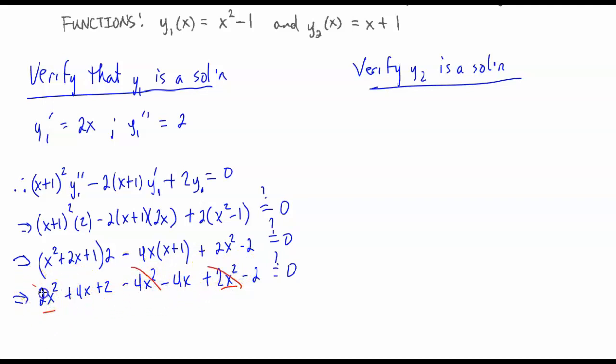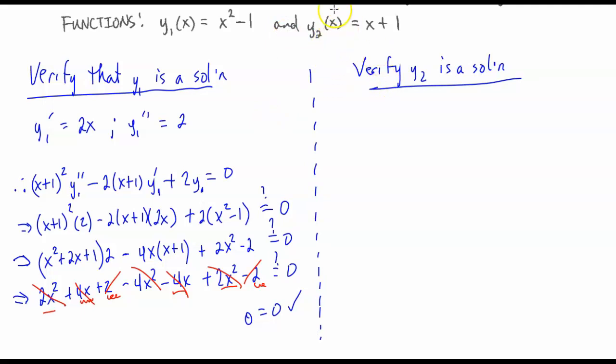So all 3 of these will go. I see a 4x and a minus 4x that will cancel out. And I see a 2 and a minus 2 that will cancel out. So we do see that y sub 1 does satisfy this ordinary differential equation.